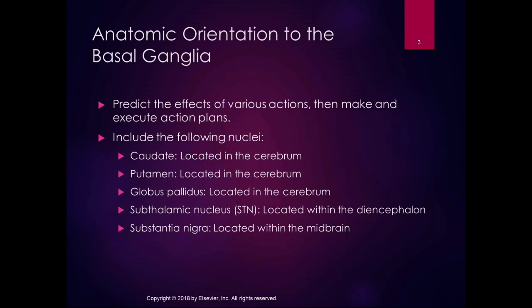The putamen is located in the cerebrum. The globus pallidus, cerebrum. The subthalamic nucleus, or STN, is located within the diencephalon, which is the thalamus and that area right in the center of the brain. The substantia nigra is located within the midbrain, and I have a picture of those coming up.